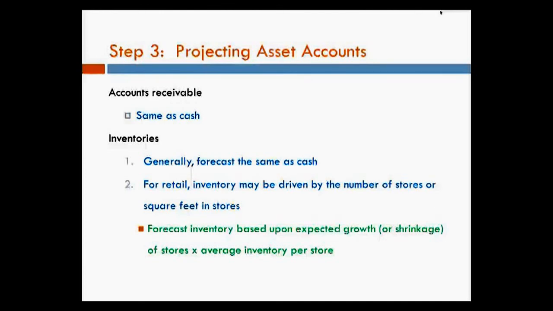In retail, it might be the number of stores or square feet in stores that you would use rather than your sales. So think about your industry and say, do we really want to drive it off of sales, or do we want to drive it off of some other commonly used indicator of growth, in this case of inventories?